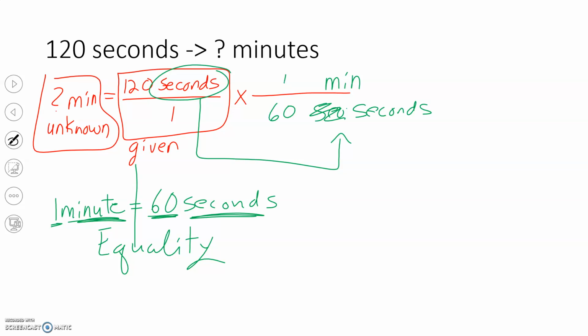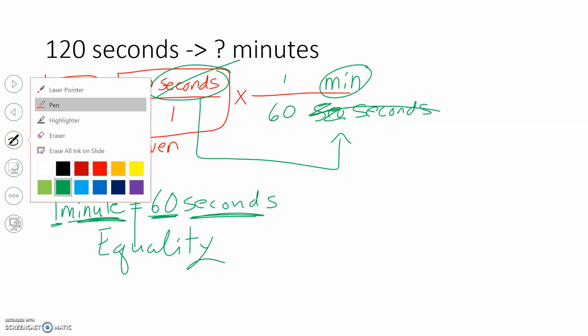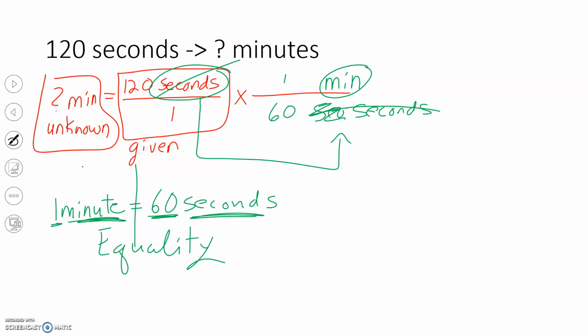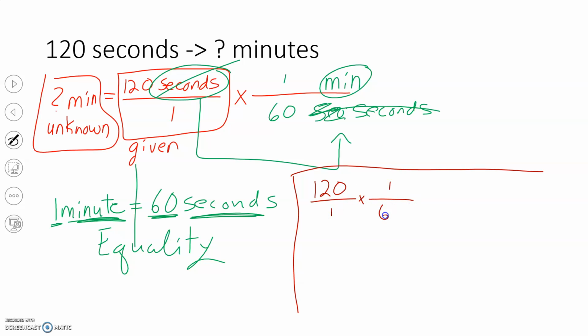So when we look at this, our seconds cancel. So we can get rid of those, and we're left with minutes, which is good. That's what we want. We look at our numbers, and we clean this up just a little bit and do this down here. We have 120 over 1 times 1 over 60. I'm going to ignore minutes for right now.